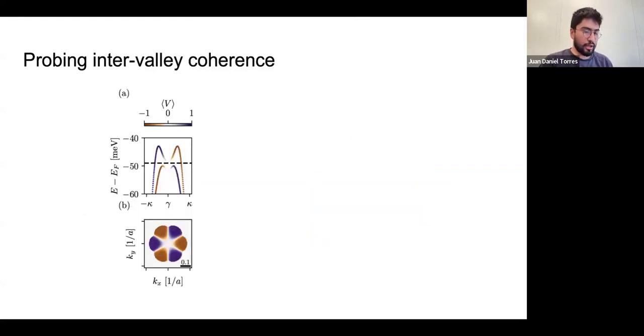And one that is actually very interesting and has been studied recently is intervalley coherence. So in order to simulate this, we got inspiration from the recent experiments of interacting phases in bilayer graphene, where it was found that there were regions with intervalley coherence in the regime of parameters by tuning the different electric fields in the system.